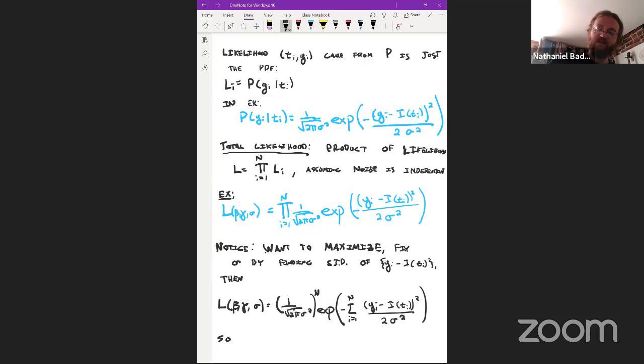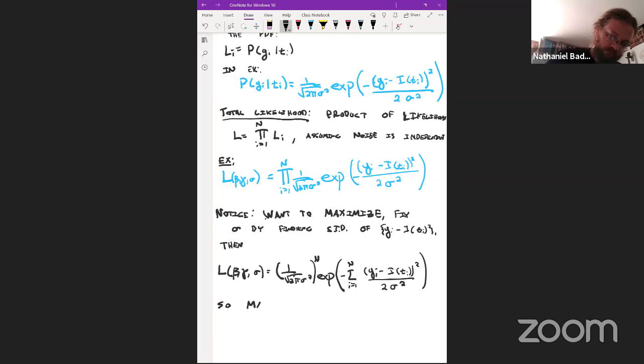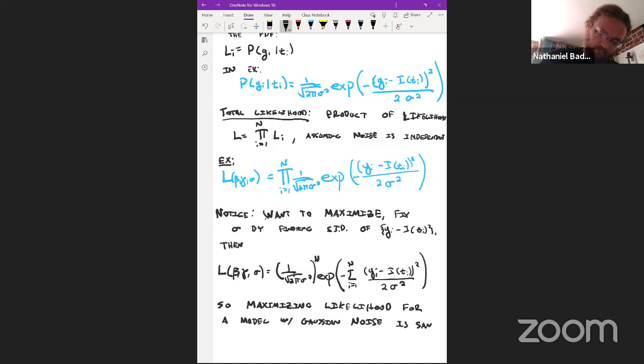So maximizing the likelihood is equivalent to minimizing the mean squared error, when we have Gaussian noise.